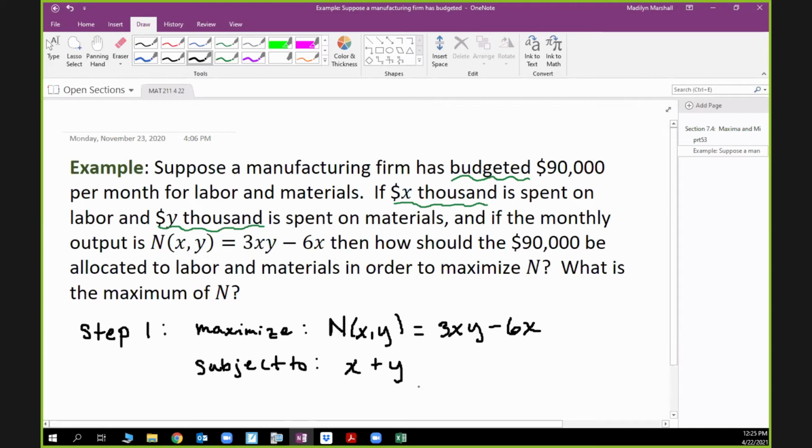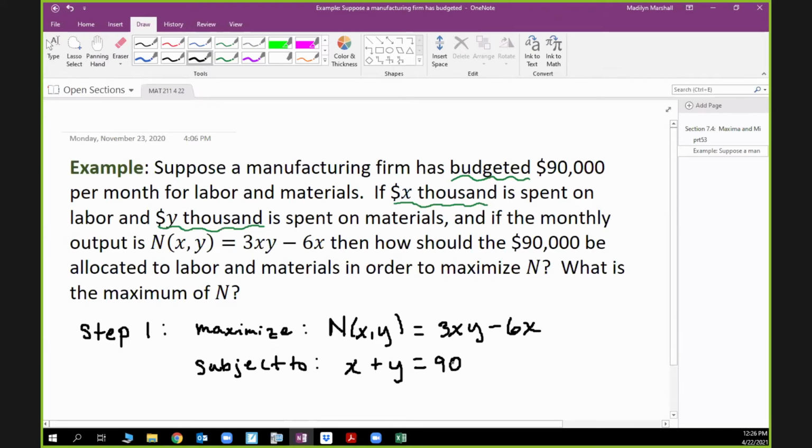Would it be 9 million? Oh, other way. Oh, 9,000. 9? 90. 90. Some number of zeros after 9.